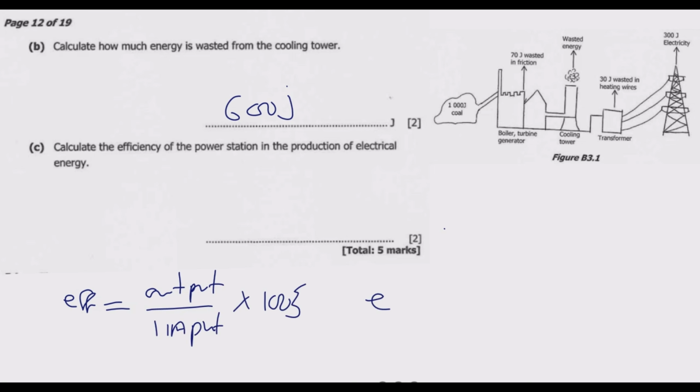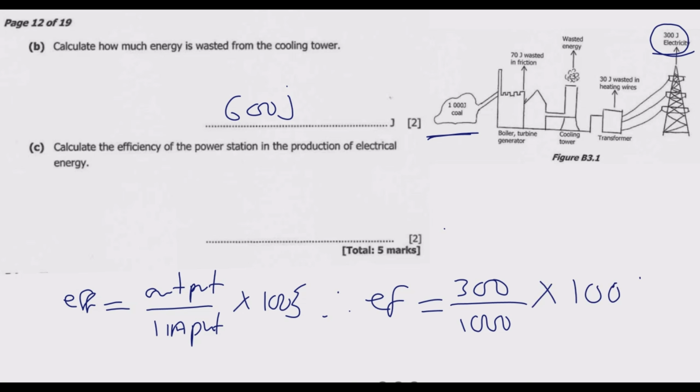So in this case, efficiency will be, so what's the useful energy? Useful energy is 300. What energy do you start with, which is the input from the coal, is 1000. Then we multiply by 100%.